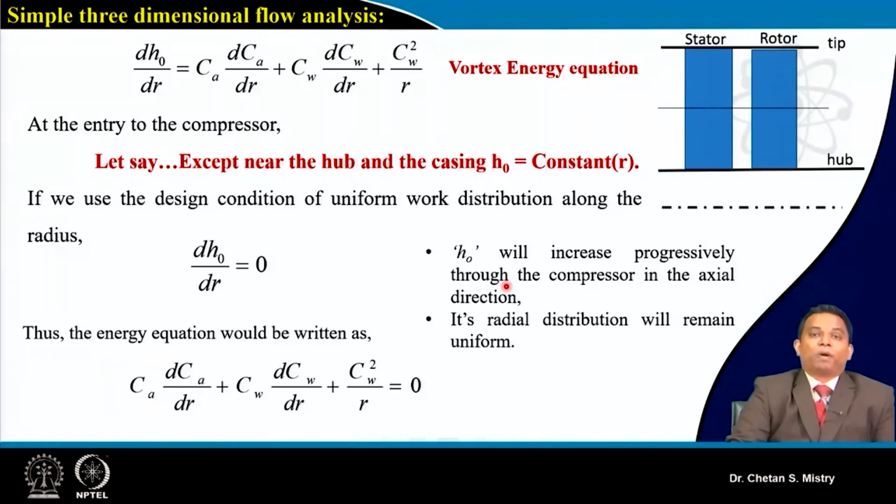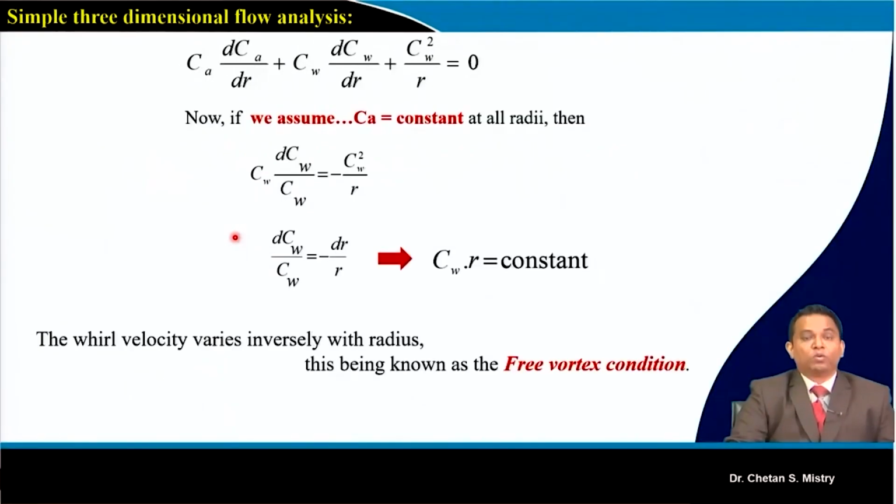Along the axial direction I will have a rise of H0, but its radial distribution remains uniform. So the assumption we are making is constant H0 along the span, which is valid at this moment.